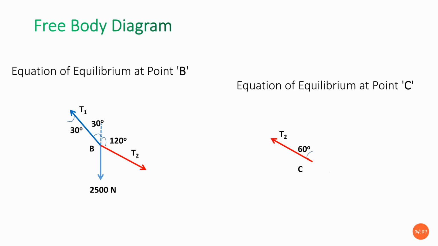It makes an angle of 60 degrees with the vertical axis, and the 2500 newton load acts at point C vertically downward, as given in the problem. And the tension T3 we have taken is in the string CD, making an angle of 60 degrees with the vertical at point C as well as at D, as we can see.